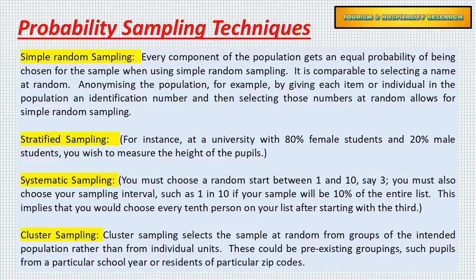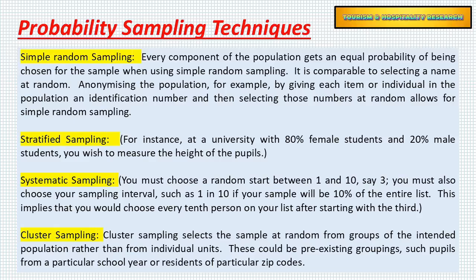First, let us talk about the probability sampling techniques. The first one is simple random sampling. Here, every component of the population gets an equal probability of being chosen for the sample. It is comparable to selecting a name at random.